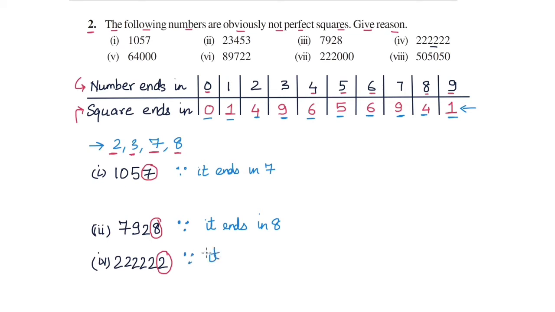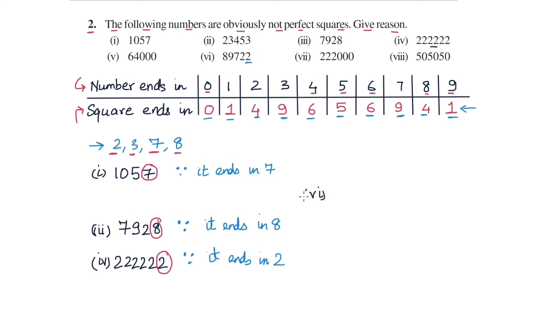So we'll write it is not a perfect square since it ends in 2. Understood? I hope so. Till now you're understanding everything, how to proceed in the question. If you haven't understood, please watch the video again and try to understand the concept.